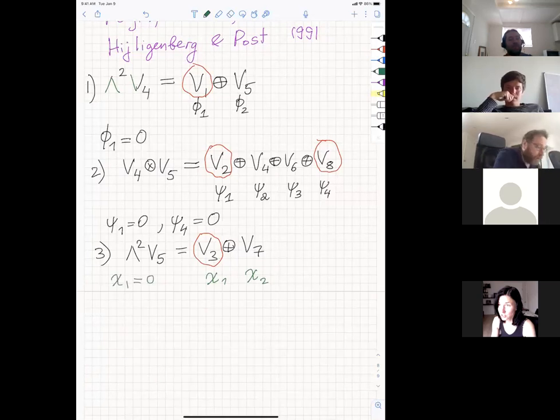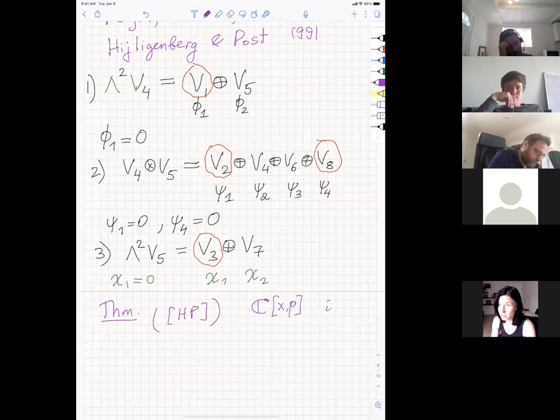And the theorem that they proved is that, that's it. This Lie algebra, the Lie algebra of polynomial Hamiltonians, with V_k for k greater or equal to 3, that's the relevant part, is generated by V4 with these relations.